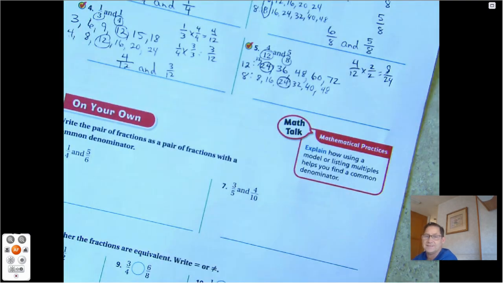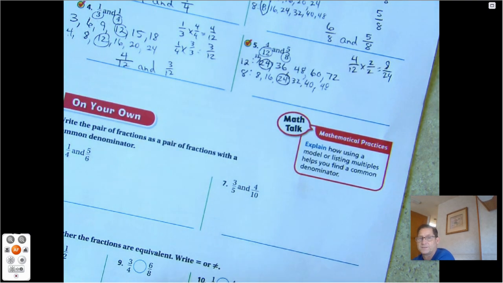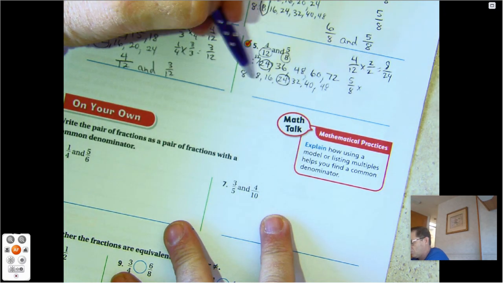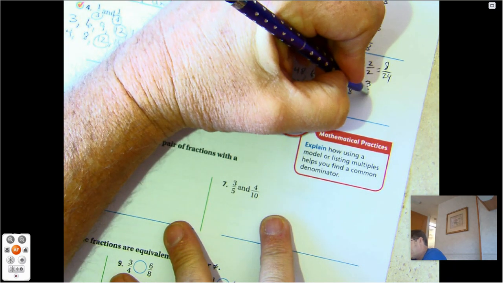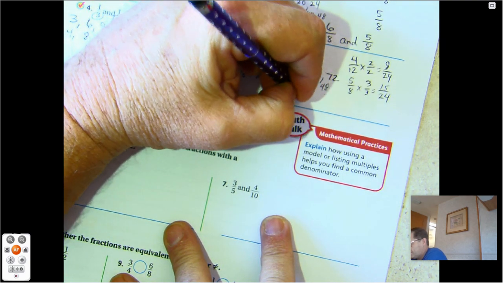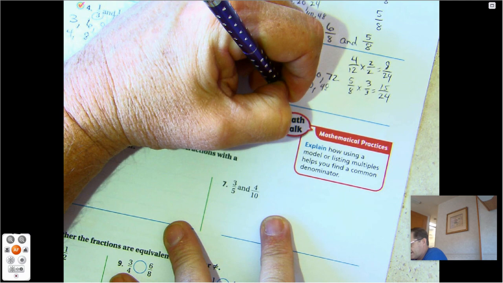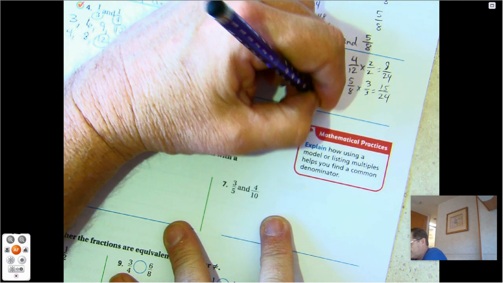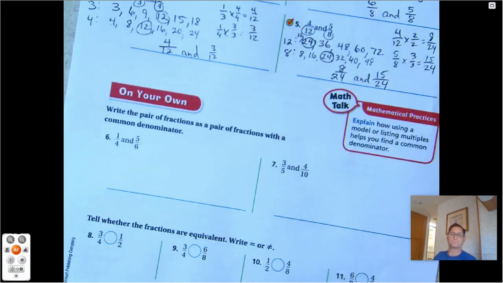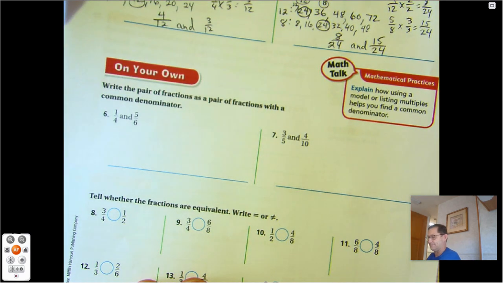So 4 twelfths is the same as 8 24ths. 5 eighths times 1, 2, 3 is 15 24ths. So we have a common denominator of 8 24ths and 15 24ths.